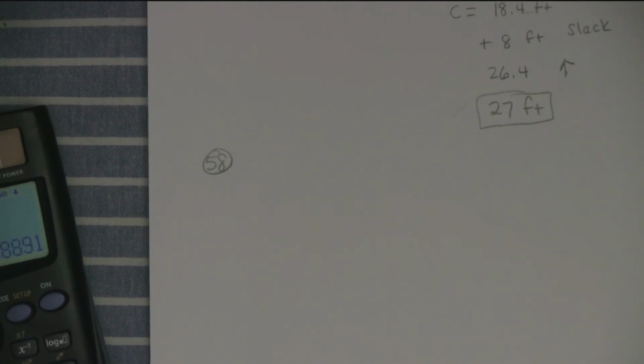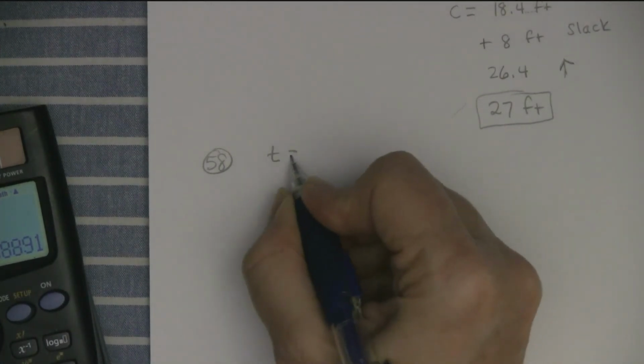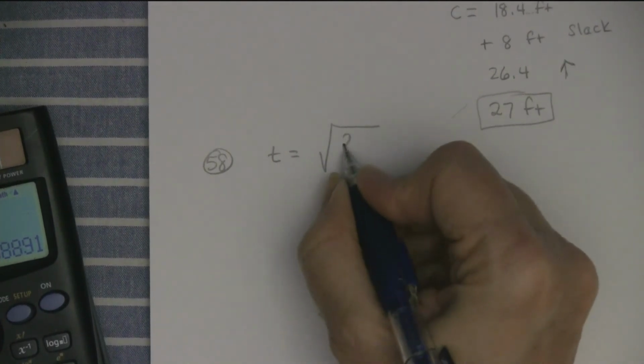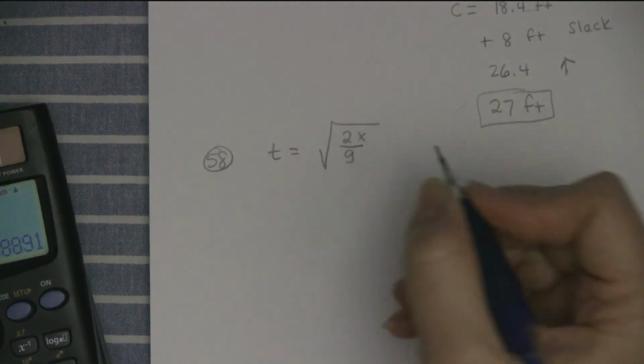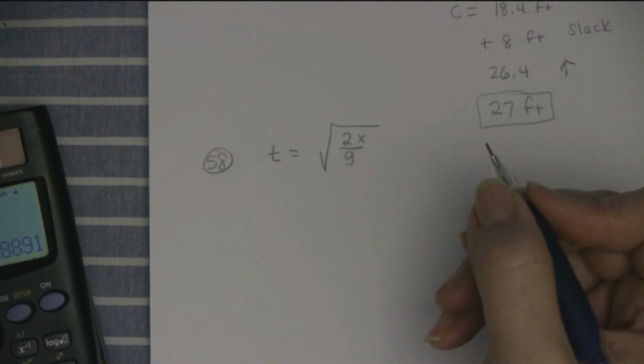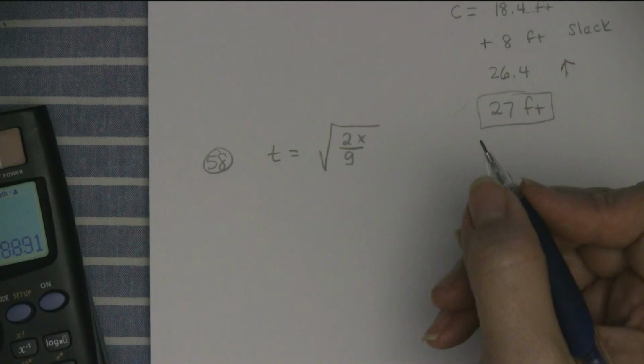Okay, the formula, this is 58, gives the time in seconds. I think we did this one. The square root of 2x over g, and they told us that gravity is this and x is the distance that we're going to fall in meters.